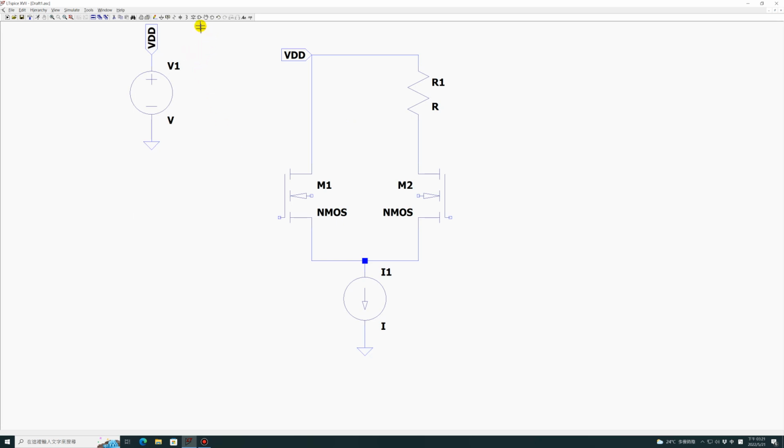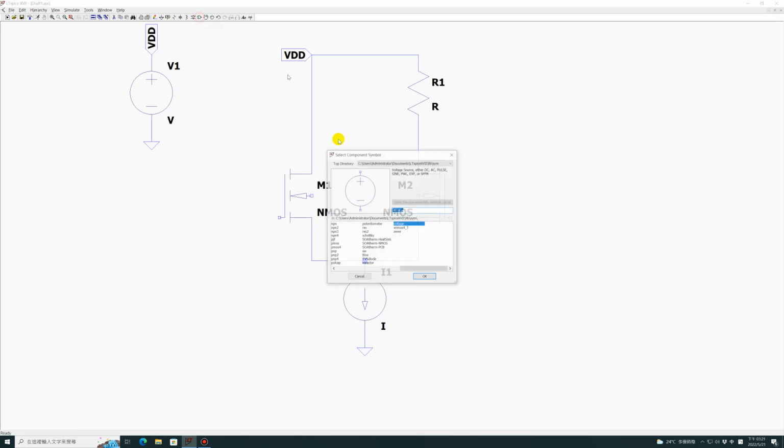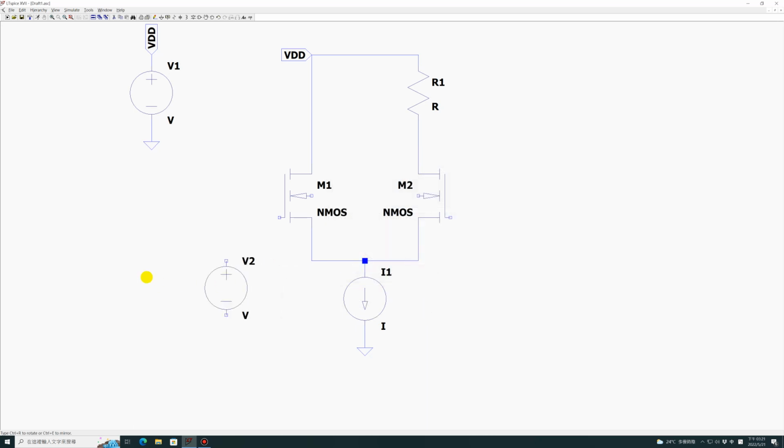So there are 2 extra voltage sources here, one here and one here. So we still put the 2 sources here, and then we connect this together.